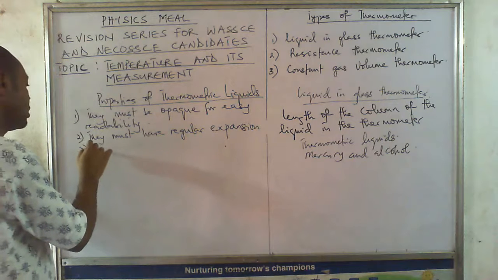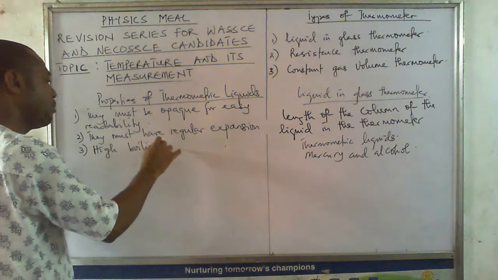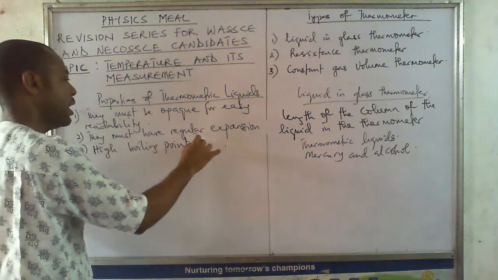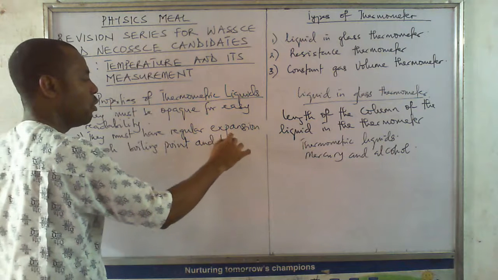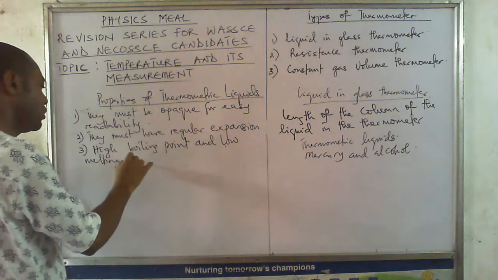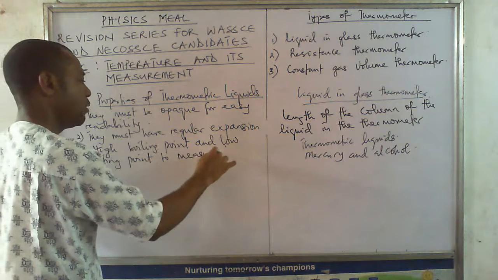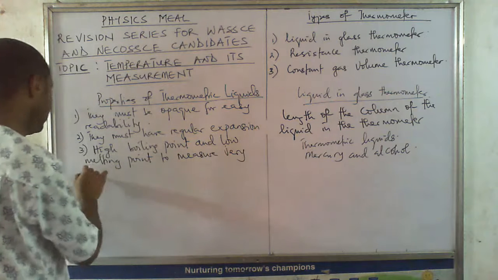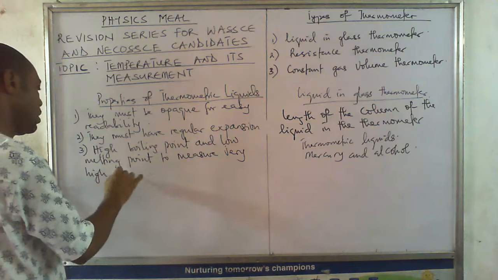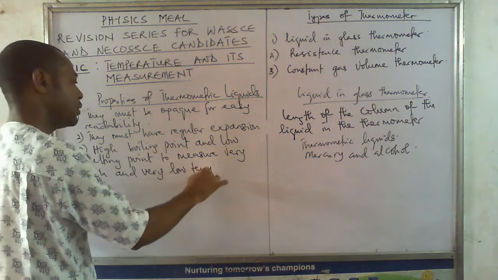3, they're supposed to have high boiling point and low melting point to measure very high and very low temperatures.